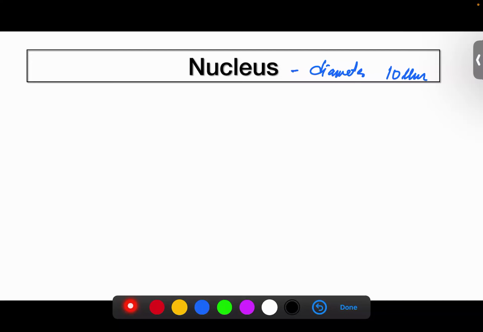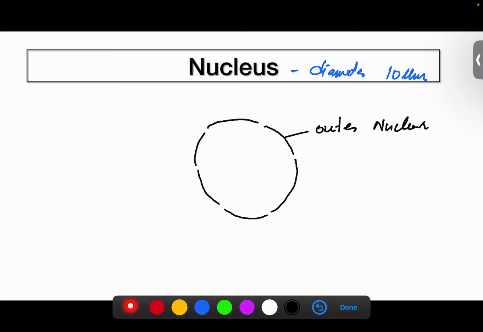It has an outer membrane. You can draw this, an outer membrane. This is an outer nuclear membrane. Then we have an inner nuclear membrane.